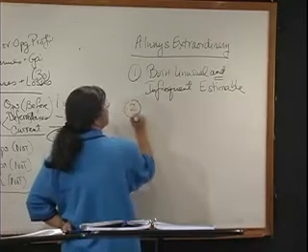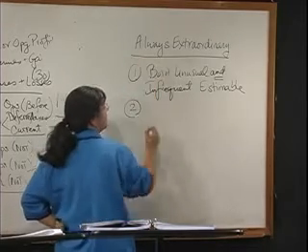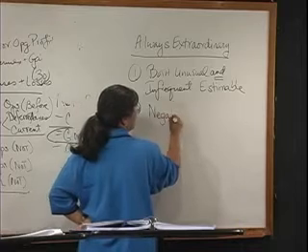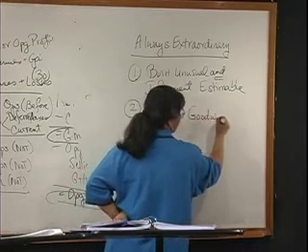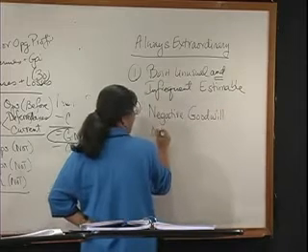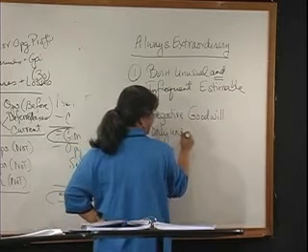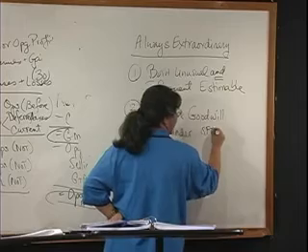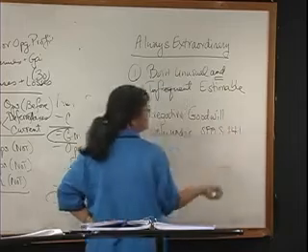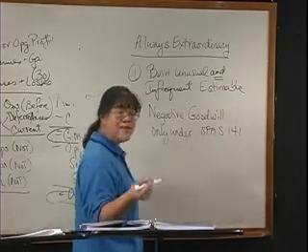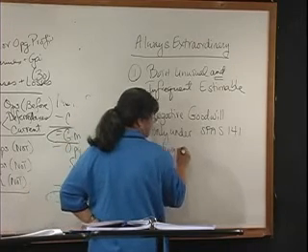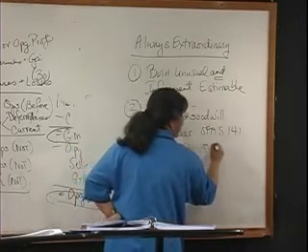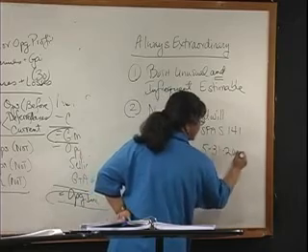Also, the things that are always extraordinary include negative goodwill, but only under SFAS number 141, which is the old accounting standard for business combinations. So this is only until May 31st, 2009.